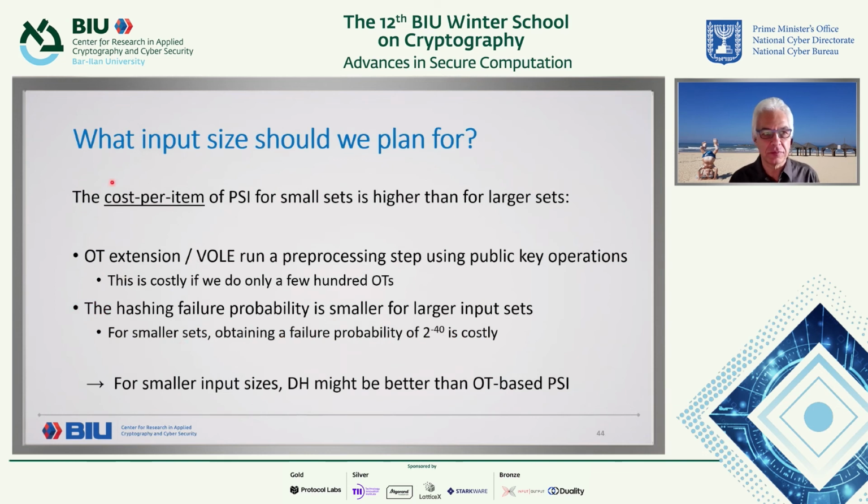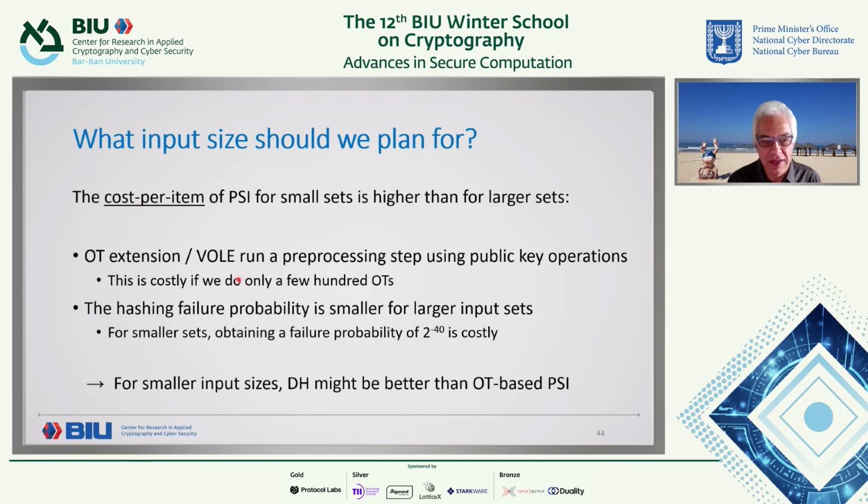What input size should I plan for? The cool PSI systems with the best performance work well for larger inputs, because we use OT extension or VOLE, which have a pre-processing phase, which, if you have a small input, doesn't make sense to use.